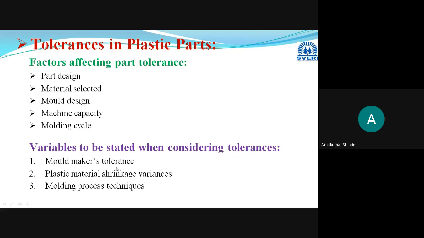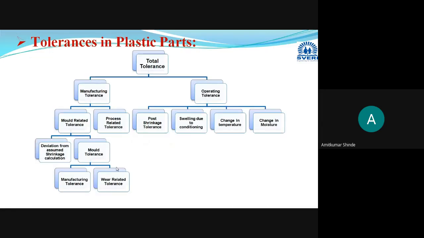Okay, so after this we will move towards the actual tolerances. Which kind of tolerances you have to go through for these plastic parts. Okay, mainly two types of tolerances are there in plastic parts. You can clearly see here, manufacturing tolerance and operating tolerance.